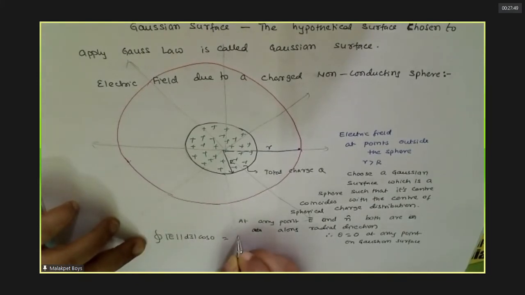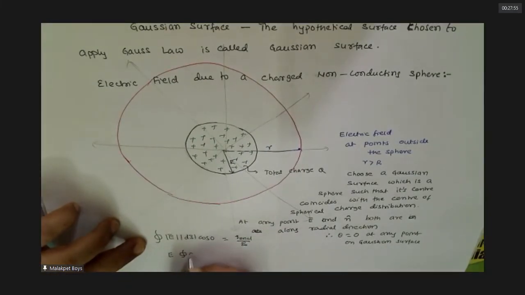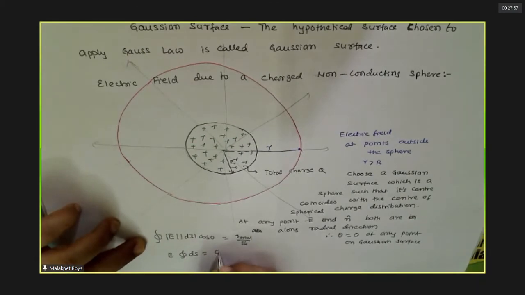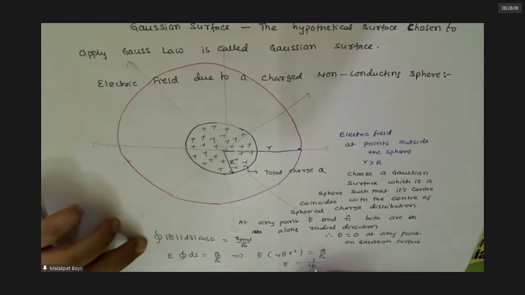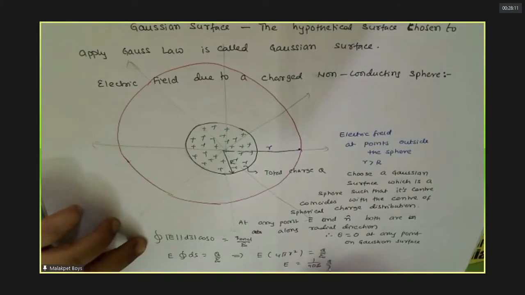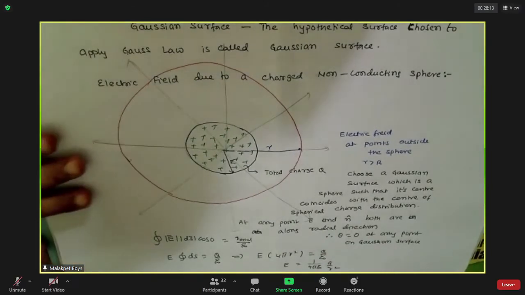What is the charge enclosed? E is constant, so E into the integral of ds equals q by epsilon naught. This is nothing but 4 pi r square, no? So you get E. Same thing you got previously, no?